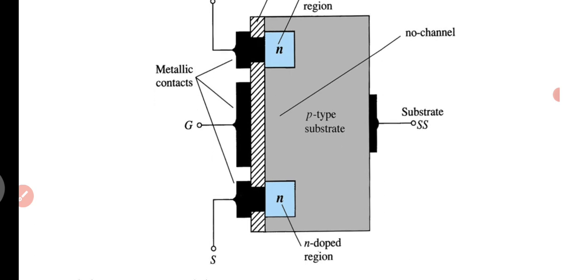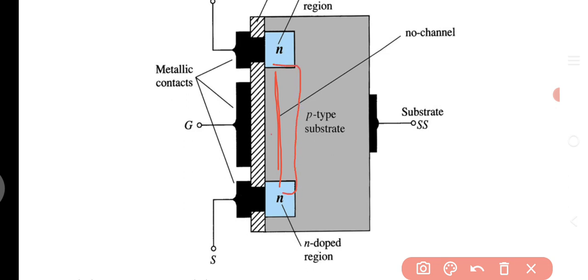The only difference between depletion mode and enhancement mode is that in depletion mode a channel exists, but in enhancement mode transistors no channel is provided. That means you can create a temporary channel. That is why here there is no channel between source and drain. In case of depletion mode, you can provide the channel, and the channel type is the N channel.